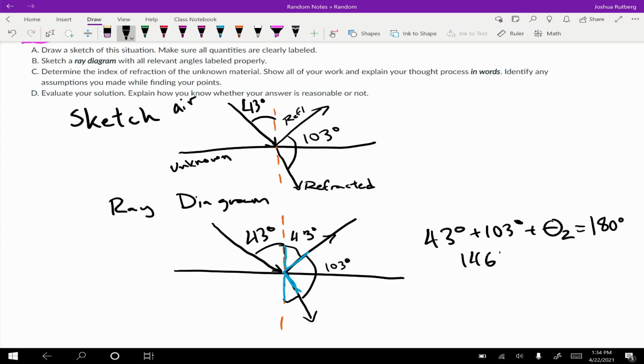So this is 146 degrees plus theta 2 is 180 degrees. Theta 2 is going to be 34 degrees. So now I can label these. And technically I've started solving here, but that's okay. If this were work that I were submitting for a teacher and not recording it myself, we would have to explain how exactly we know that this statement is true.